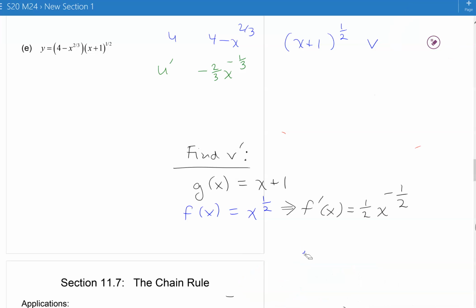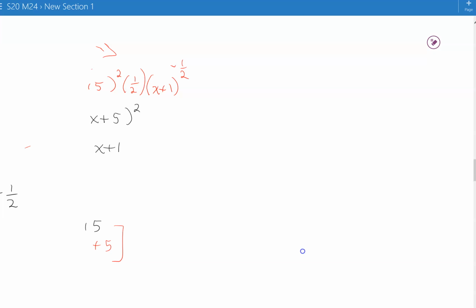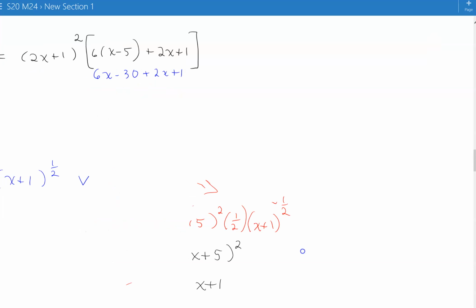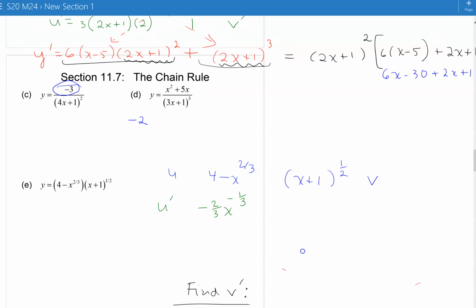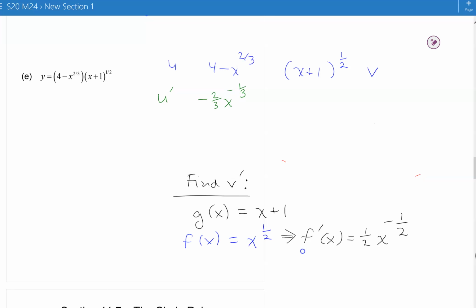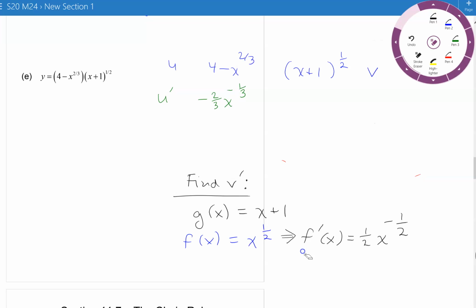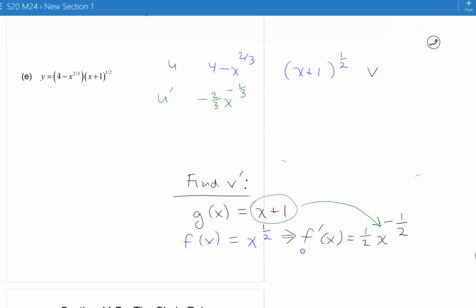So then the chain rule says I need to put the g function into the f prime function. So this is going to be 1/2 x plus 1 to the negative 1/2 times the derivative of the g function, which happens to be 1.